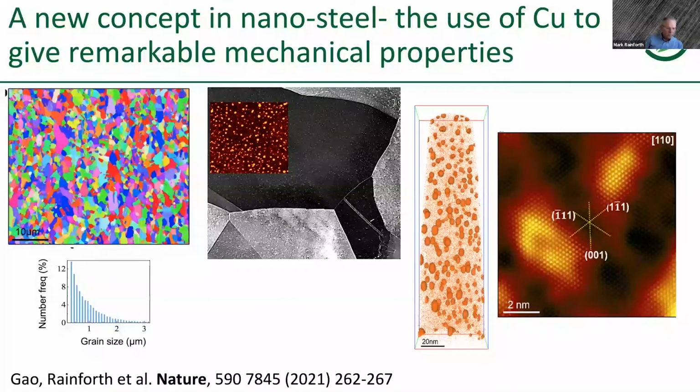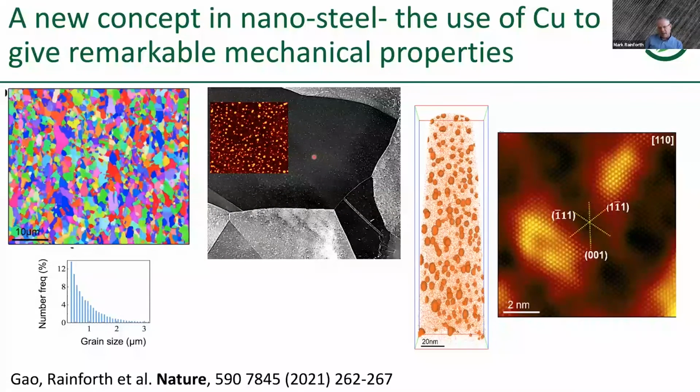So here, I won't go through the process conditions for this steel, but it was processed in such a way that recrystallization was induced, and normally, as that is heated, then grain growth occurs very rapidly. But in this case, we induced a very large number density of very fine copper precipitates.